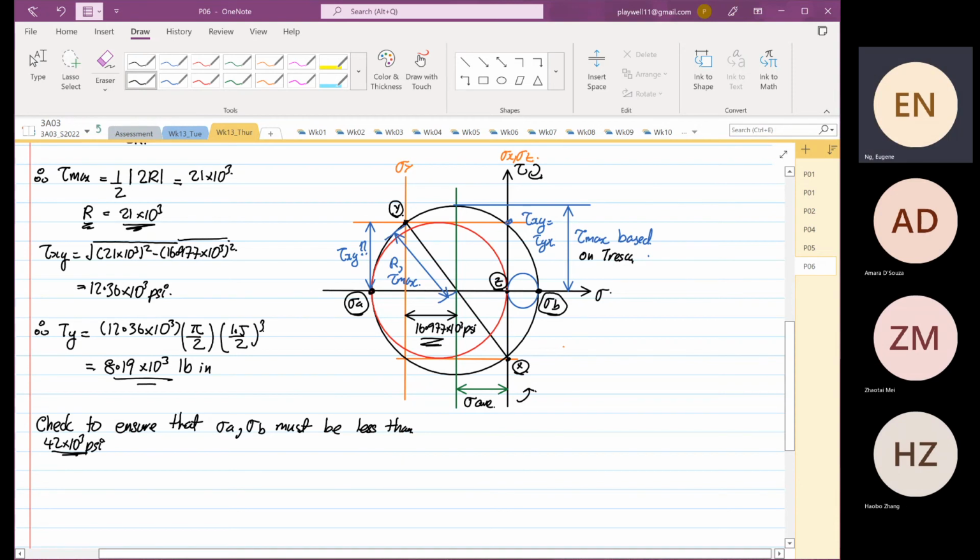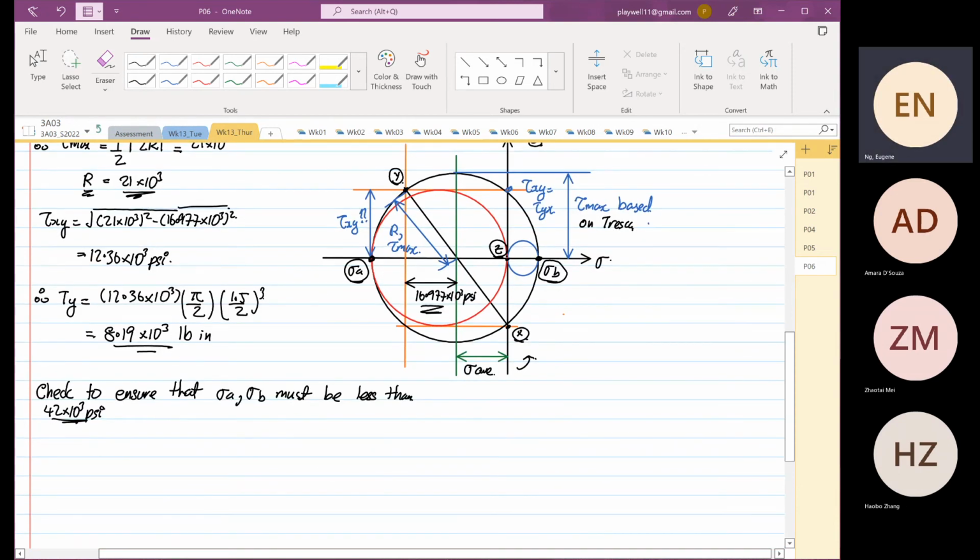We must check. Sigma A and B is equal to the stress average plus or minus the radius. The stress average we have is minus 16.977 times 10 to the power 3, plus or minus 21 times 10 to the power 3.